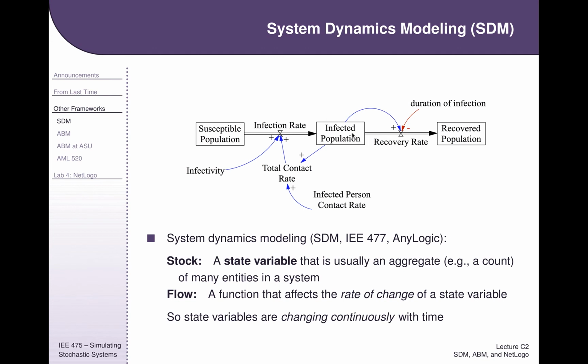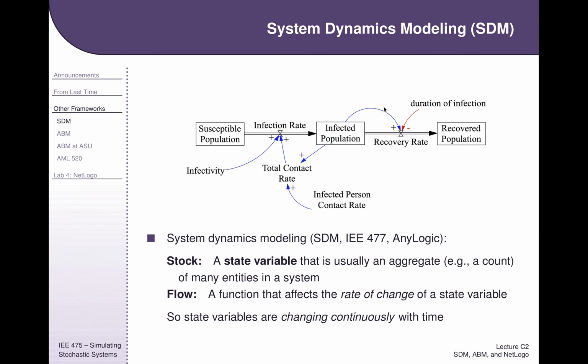And so what people do when they analyze these models, I mean, they run them and see what happens, but you can also analyze them by looking for these feedback loops. So notice I've got a plus, and then this is implicitly a plus. And so this looks like a positive feedback loop, whereas over here, this infected population has a plus, but because I'm moving backwards down the flow, this is implicitly a negative.